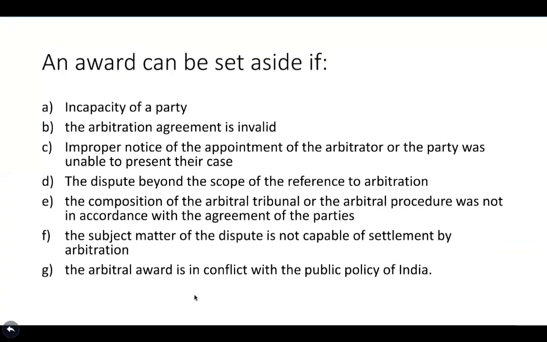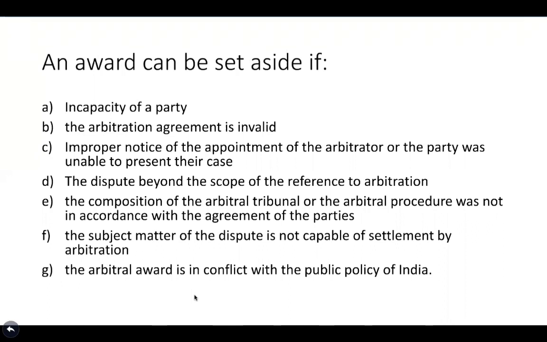So that's about the setting aside procedure, and you have grounds mentioned under section 34 of the Act, which is almost similar to Article 34 of the UNCITRAL Model Law. So these are the grounds. One of them is incapacity of a party to sign an arbitration agreement. Second is the arbitration agreement's invalidity, improper notice of the appointment.